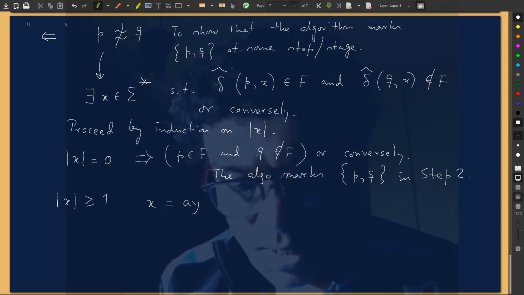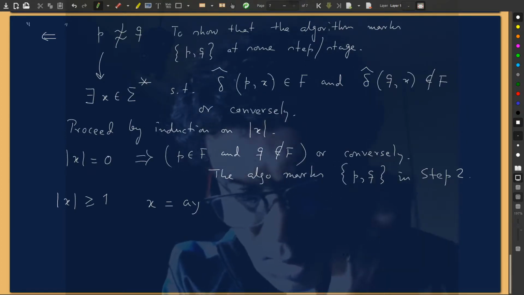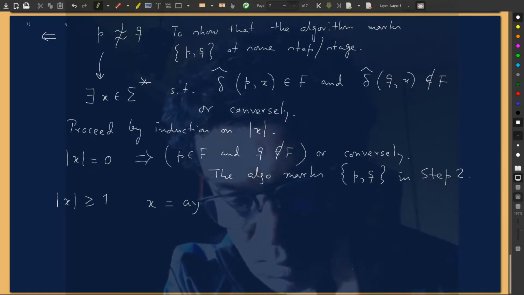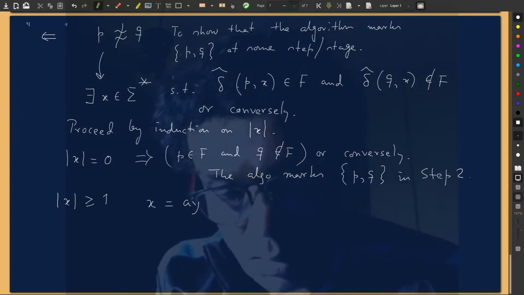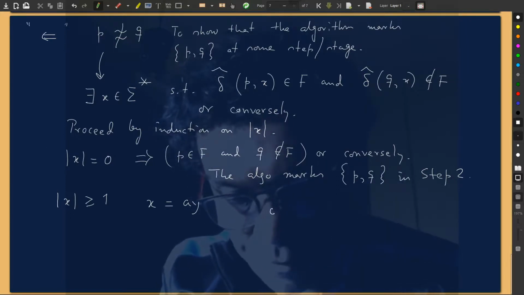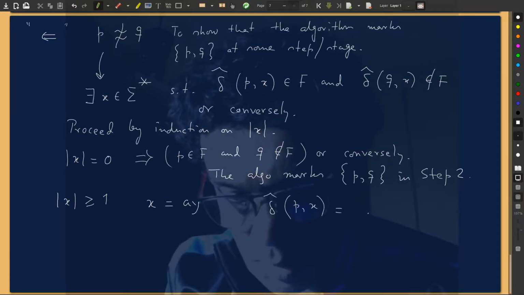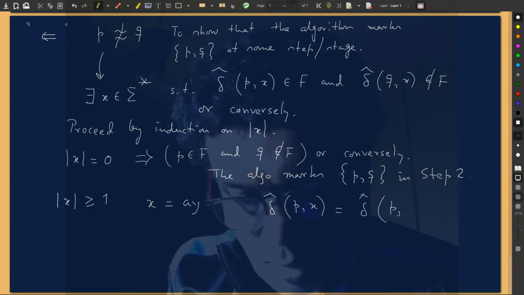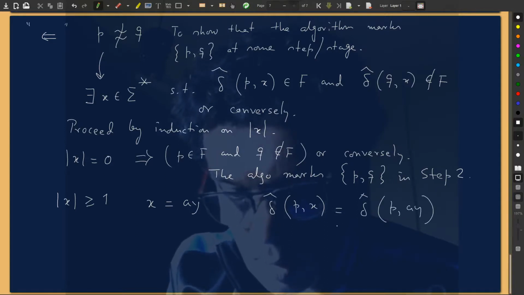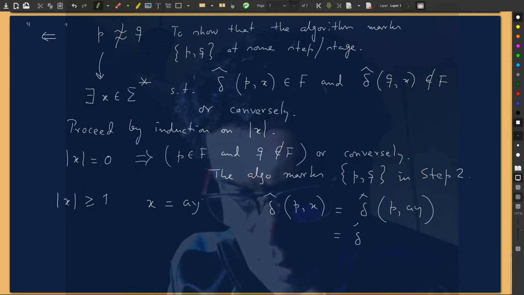It is given that... so what is delta hat of Px? This is nothing but delta hat of PAy, which is nothing but delta hat of delta PA, y.